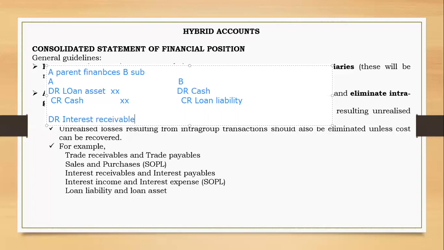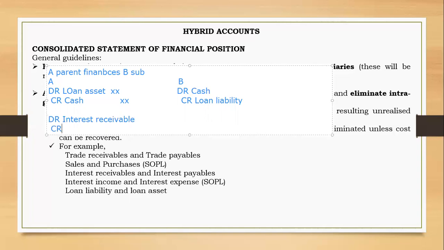And then we have to credit interest income, because income is income whether you have received it or not. As long as you have earned it, you have to record it as income. Interest income goes to the statement of profit or loss, and interest receivable is an item in the statement of financial position.